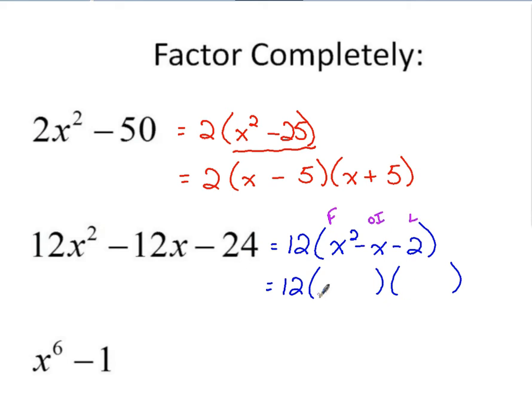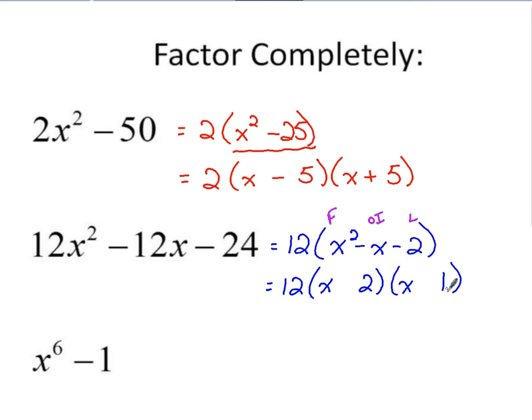These first terms down here have to multiply to give me this x squared. Only way that's going to work, x times x. These last values here have to multiply to give me 2, right? Because that's the L in FOIL. So the only way I'm going to be able to multiply and get a 2, it's got to be 2 and 1, right?